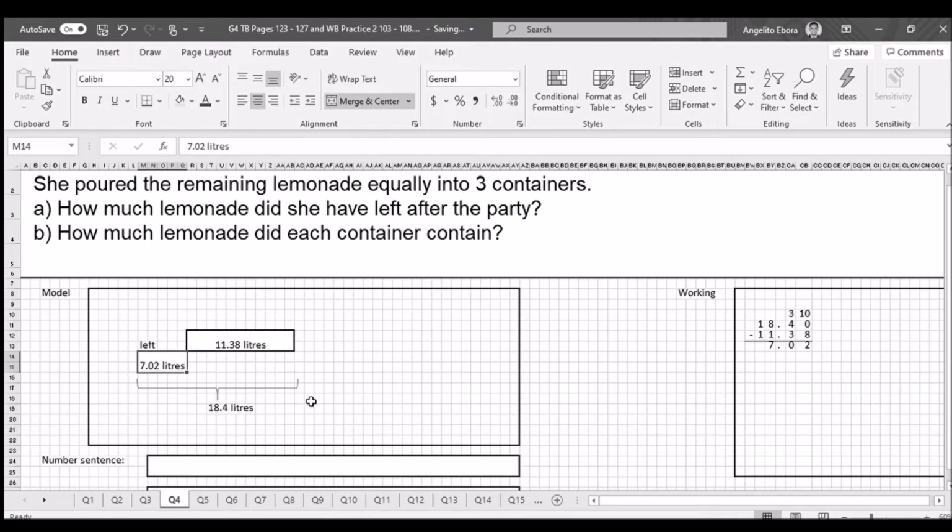Okay, 3 containers. So let's say this one. This is the lemonade left here. Then it says equal into 3 containers. So we'll just divide this into 3.